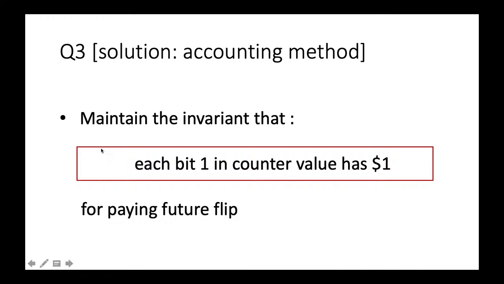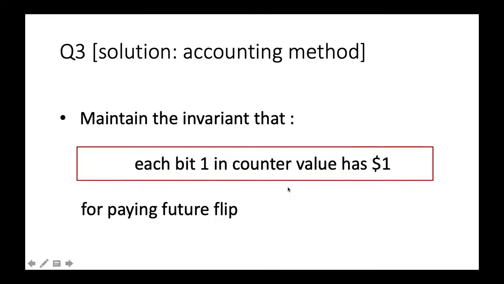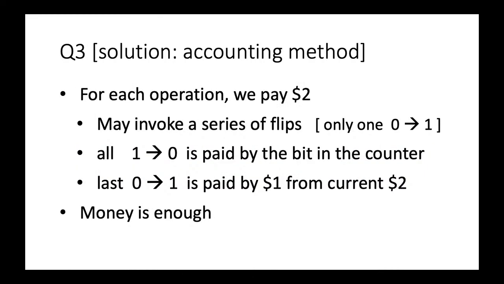So we are going to maintain this invariant. Initially, the counter value is 0, and we don't have any money, so that's good. Each bit 1 has $1, and that's fine because we don't have any bit 1. So every bit inside the counter has no money and everything is correct. And then how can we maintain such an invariant? Here, for each operation we are going to pay $2.